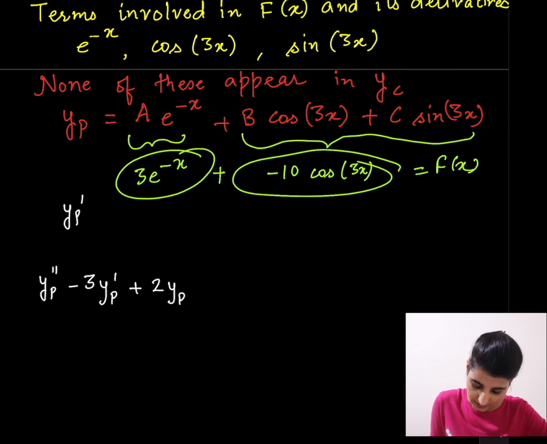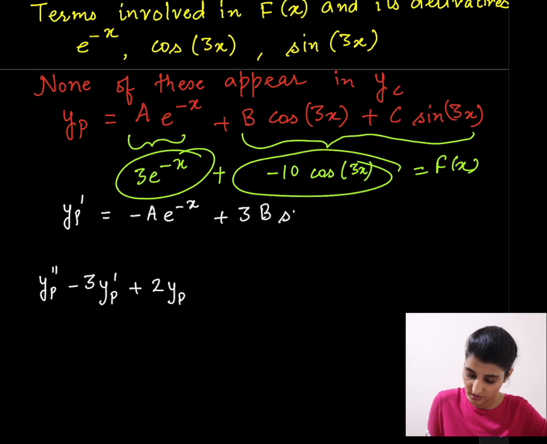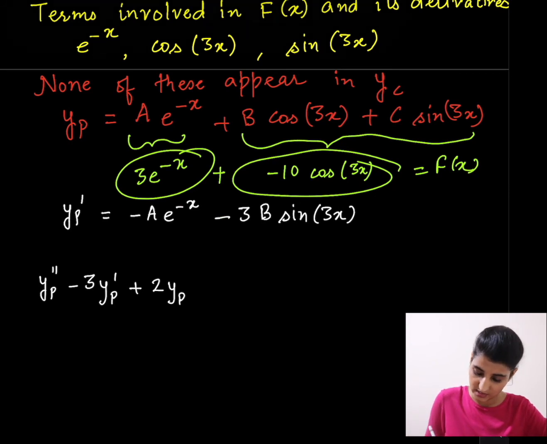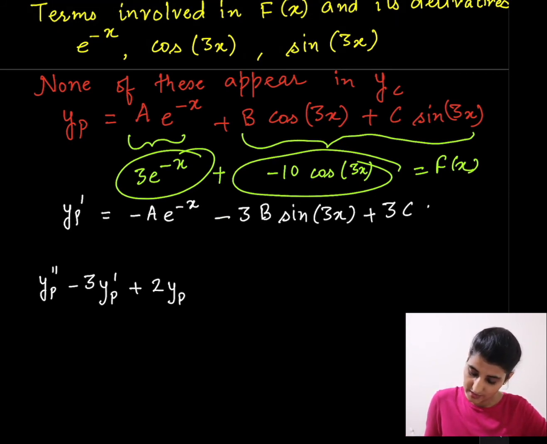If we take the derivative we will get negative a e^(-x) plus 3 times 3b sine 3x, because the derivative of cosine is negative sine, plus 3c cosine 3x.